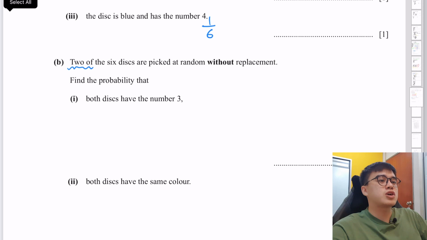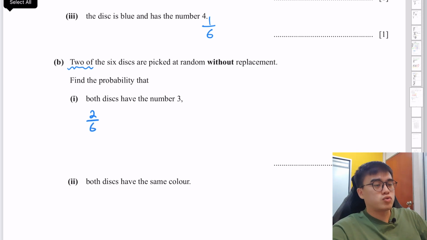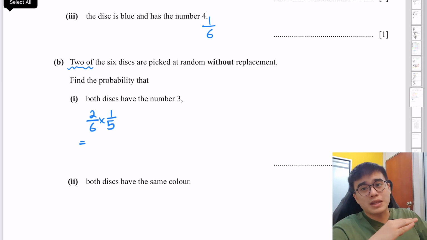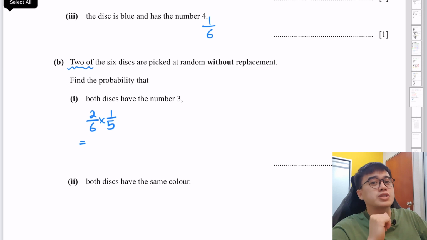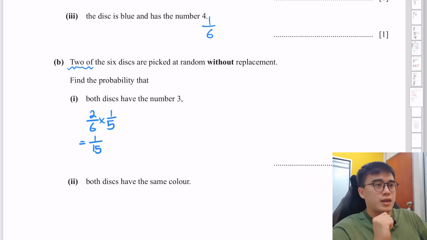Out of all the numbers at the top, we only have 2 of them having the number 3. So 2/6 for the first draw. Then after 1 was taken out, both the numerator and denominator will be decreased by 1 because of the keyword without replacement. So you will get 2/6 times 1/5, and your final answer is 1/15.